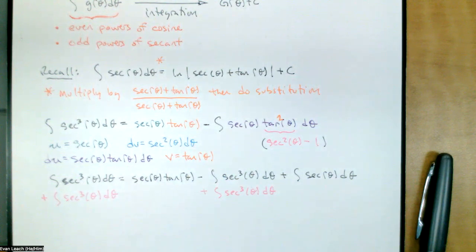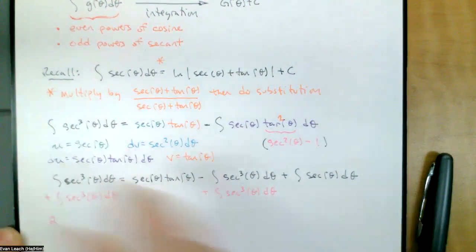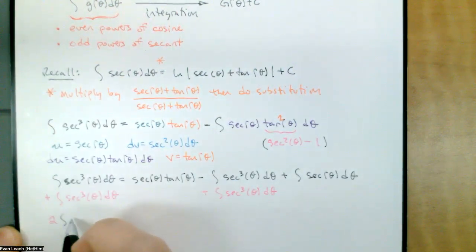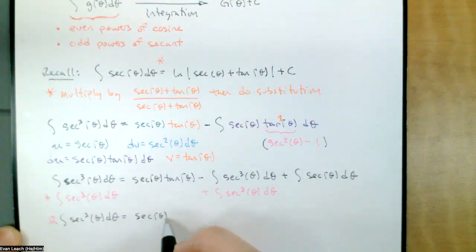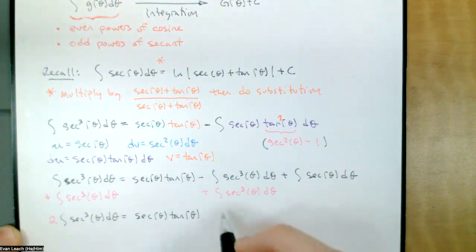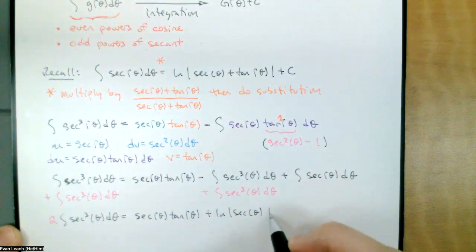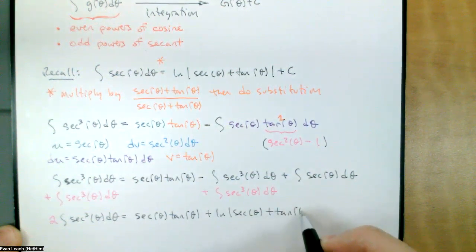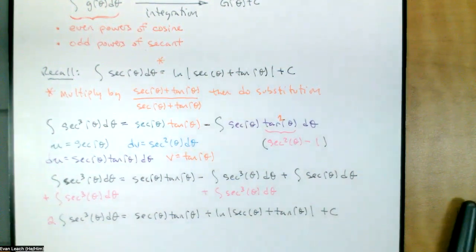So over on the left, through our shenanigans, we have come up with 2 of the thing that we're looking for. 2 integrals of secant cubed theta d theta is secant theta tangent theta. This term has been moved, and the integral of secant theta, which is natural log of absolute value of secant theta plus tangent theta, plus some constant.